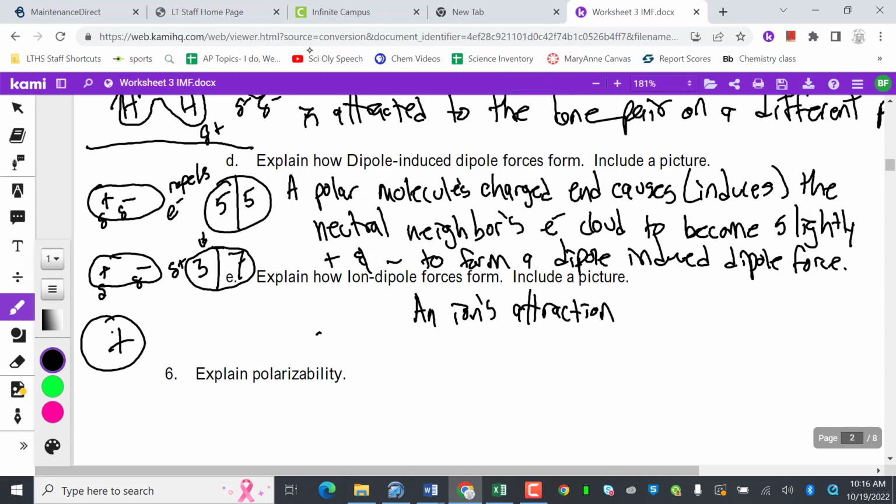Ion dipole. So here's a big positive ion, and I'm going to have my molecule, positive, negative, delta positive, delta negative.